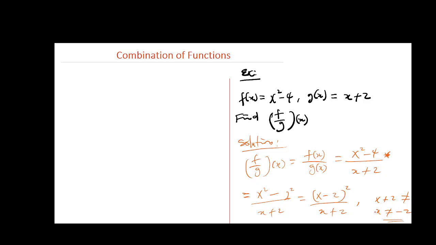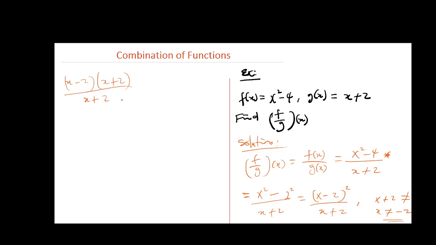Now, if we continue, we expand this difference of squares, we are going to have x minus 2 and x plus 2 as the numerator all over x plus 2.